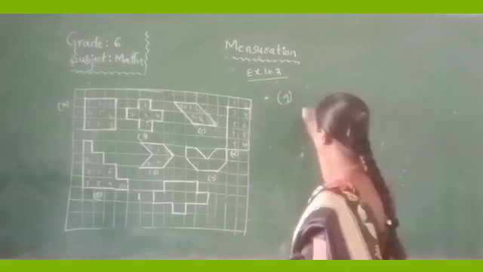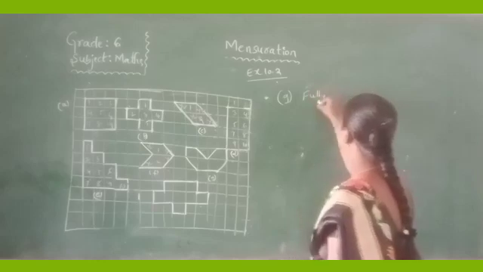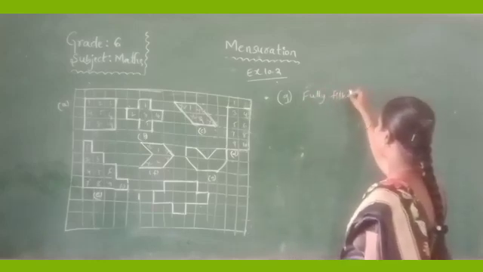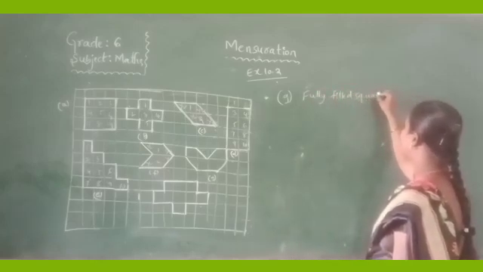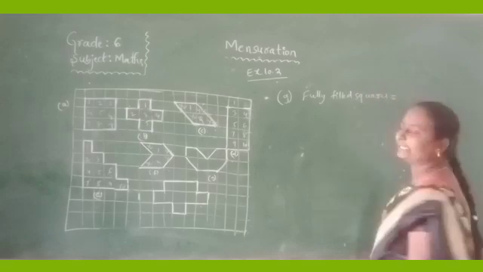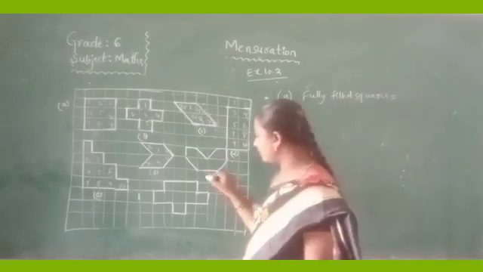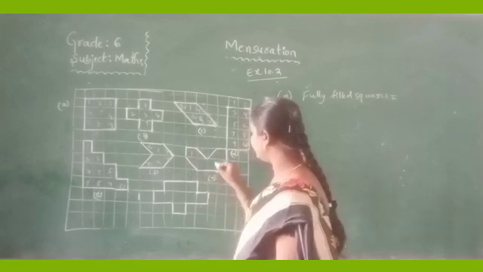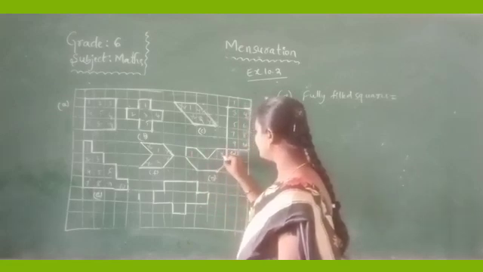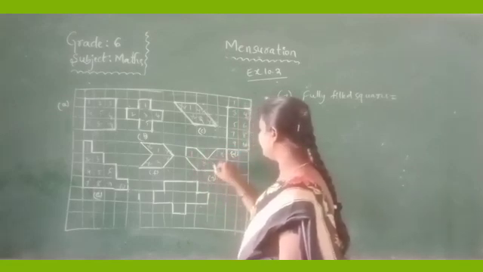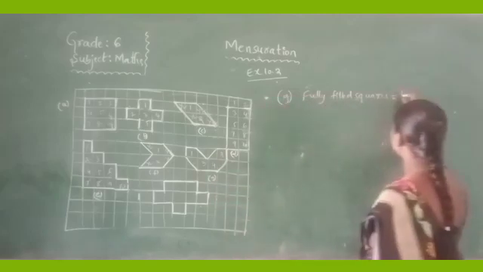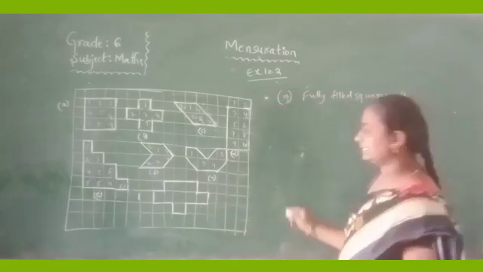So first count the full squares. Fully filled squares are, each time you have to write like this. First count the full squares: 1, 2, 3, 4. 4 full squares are there.